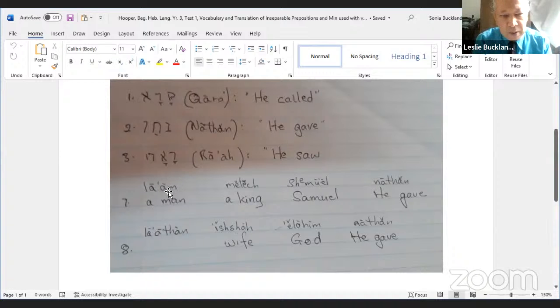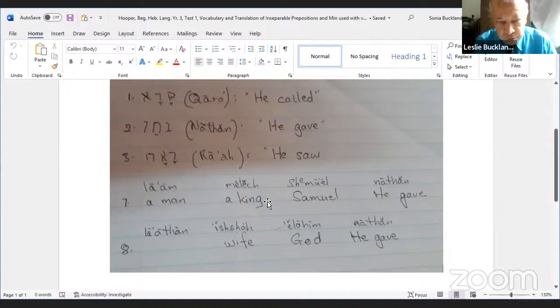So if it were to the man, this would not be am, but this would be atham, la atham. So it's not to the man, but it is to the people. So put them together, and this is what we get.